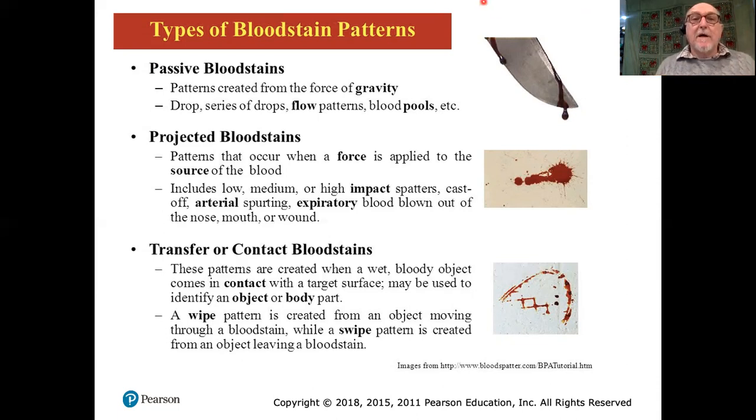There's one thing to be said about passive blood staining, and that is very frequently it's not only the victim who is wounded at the scene of a crime. These passive blood stains may sometimes arise from a perpetrator who has inadvertently wounded themselves and then moves away from the crime scene and leaves a drip pattern behind.